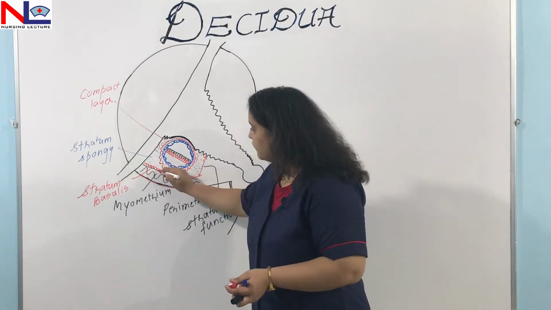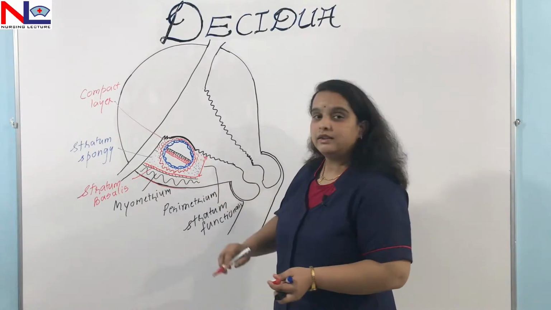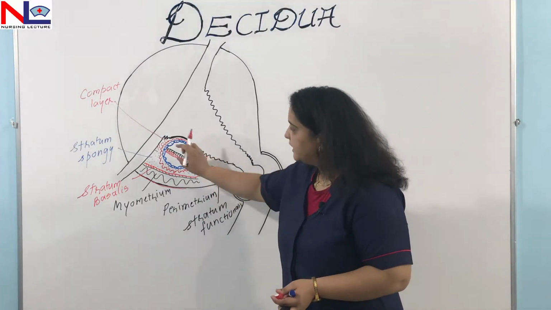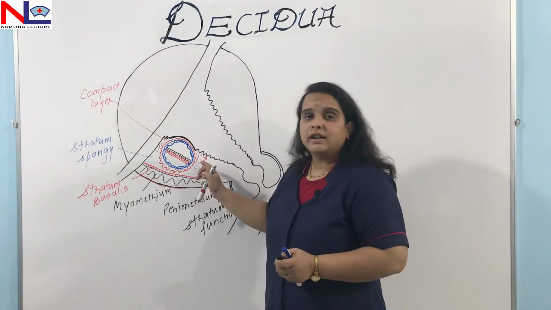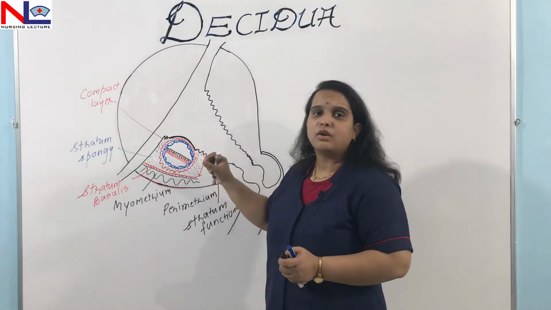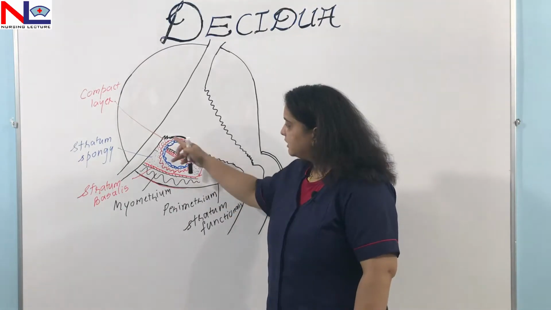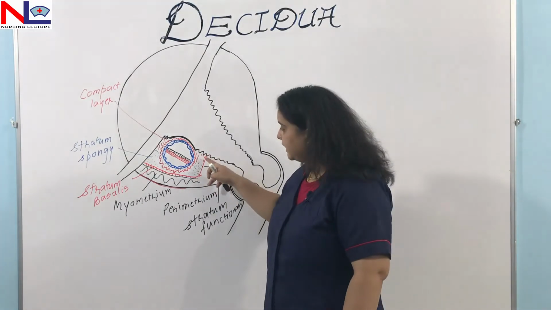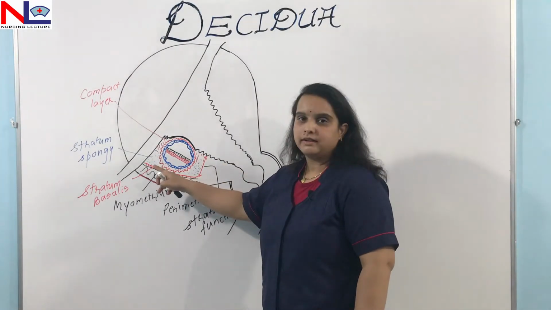So in a normal condition it just involves the functional layer, that is the compact and the spongy. Spongy because it is highly vascular, and glandular because it contains the bases of various endometrial glands. In a normal condition the blastocyst invades only the functional layer itself.